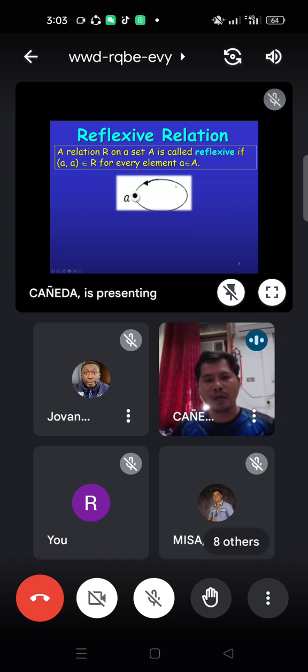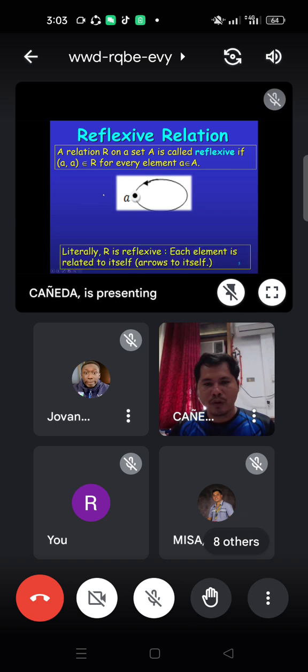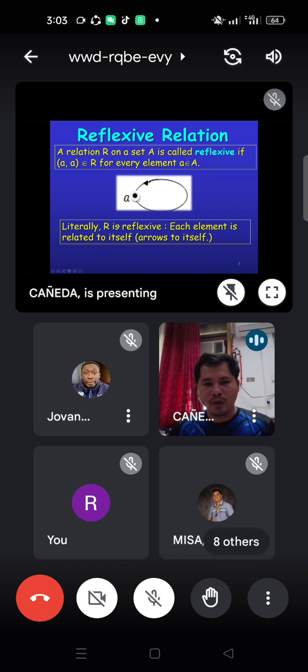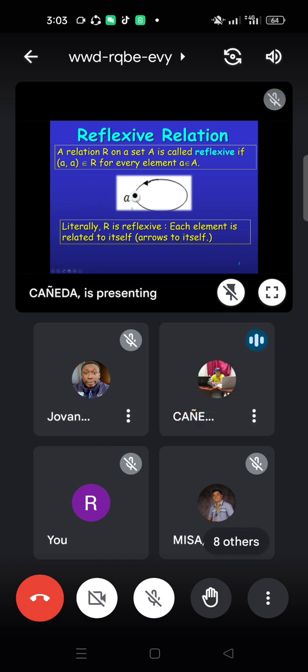By definition, a relation R on a set A is called reflexive if the ordered pair (a, a) belongs to R for every element a belonging to set A. As an illustrative example, a arrows to itself. Literally, R is reflexive if each element is related to itself.